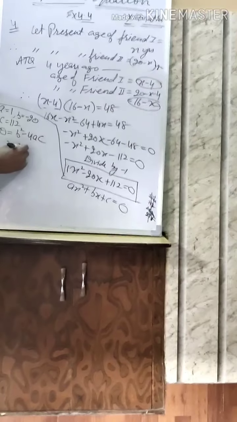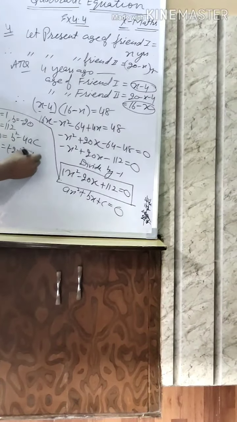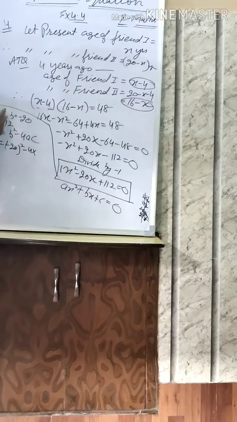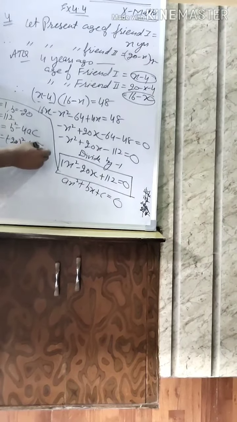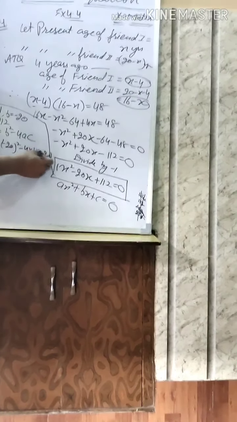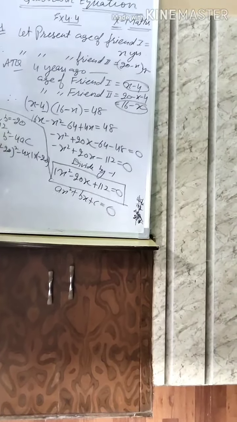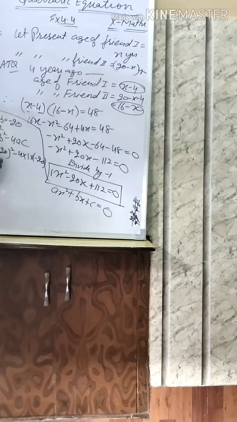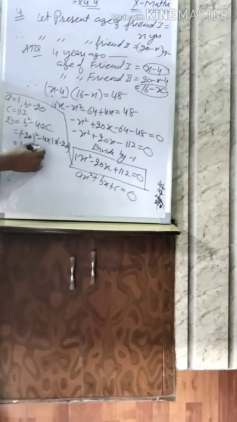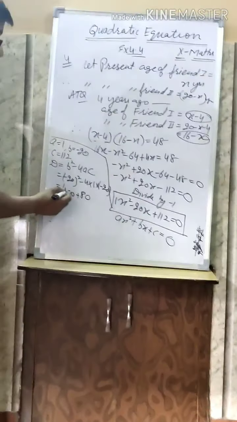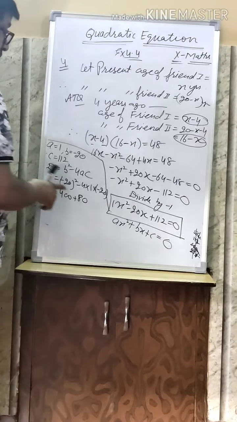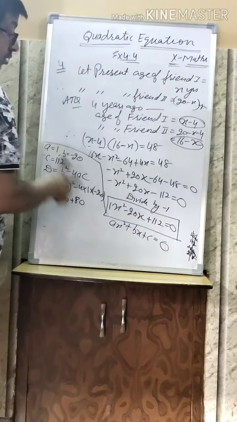So b is minus 20, square, minus 4, a is 1, c is minus 20. So minus 20 square is 400, minus into minus plus. Clear this? I'm checking here.